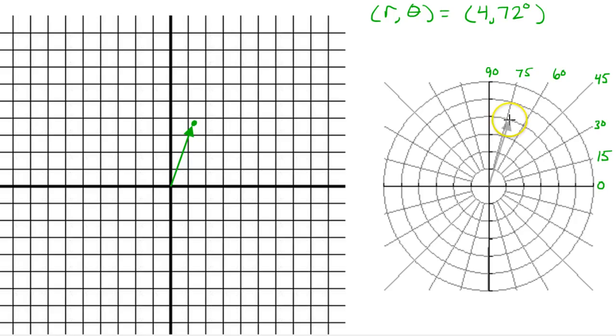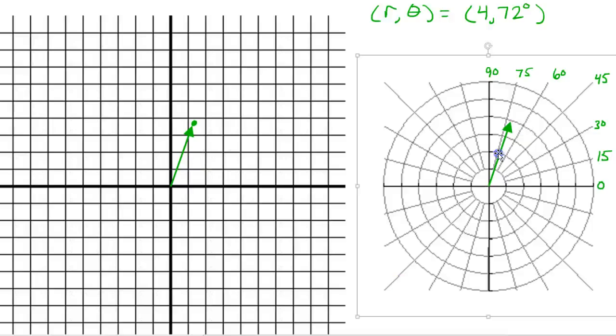So it should be about here. Okay, now compare what we graphed using the magnitude and direction compared with the vector that we got when we graphed the component form. You can see that they are heading in the same direction and they do have the same magnitude. So we're looking good.